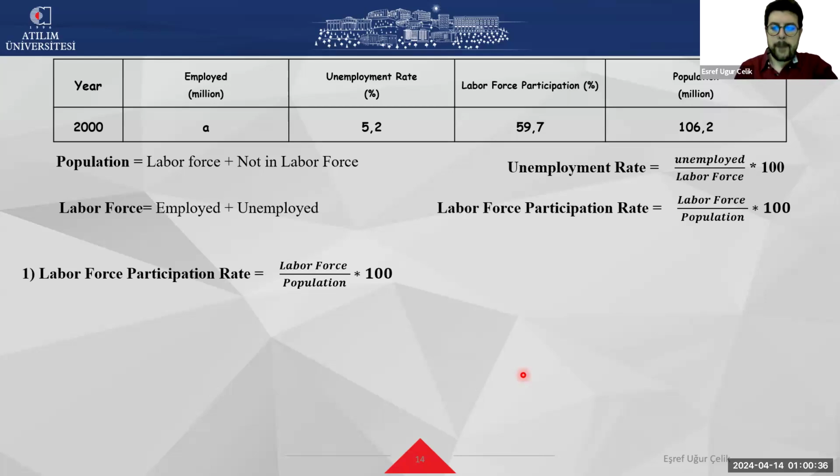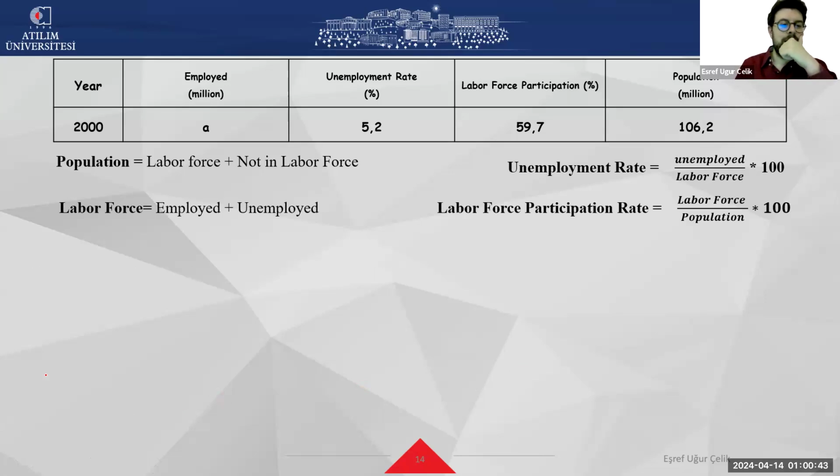Let's look at it. Can we know the labor force? No. Can we know the employed? No. Can we know the unemployed? No. So you cannot start with the labor force formula. Can we know the unemployment rate?